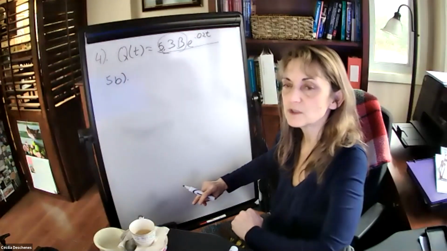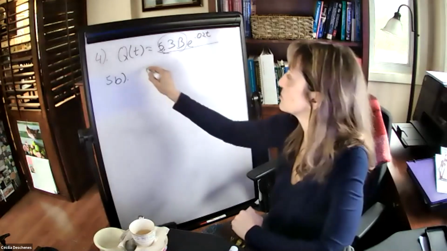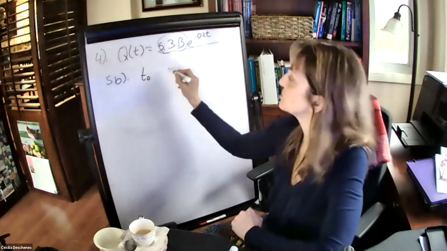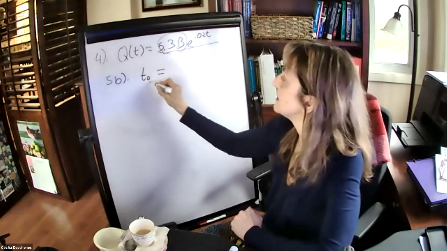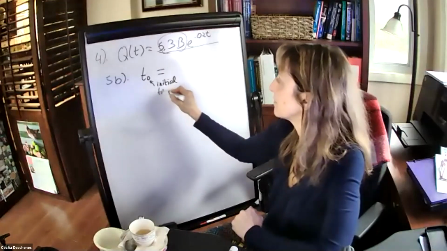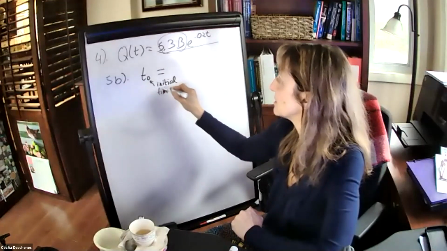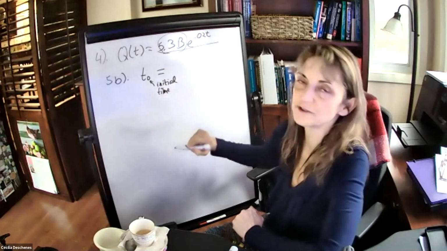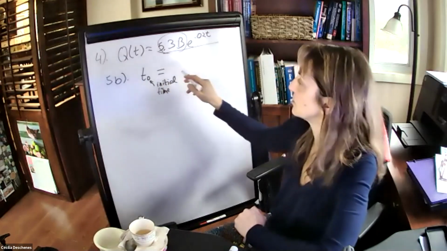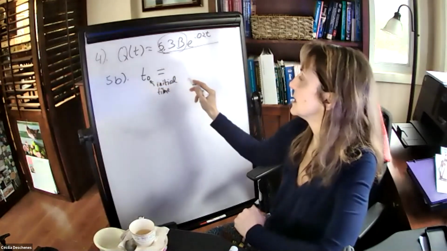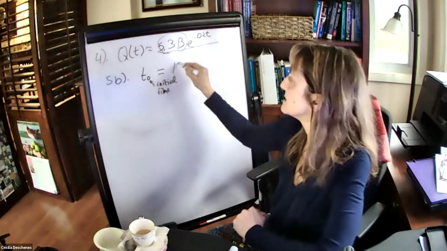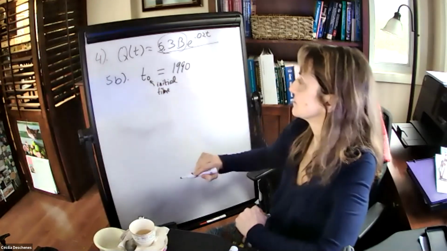We want to know using the time T naught. So they're saying T naught from exercise 4 is T naught means the initial time. And that's a little bit more advanced than we've covered, but that's what they mean. That's an idea that comes from physics and biology and chemistry and all that. So the initial time T naught is 1990.